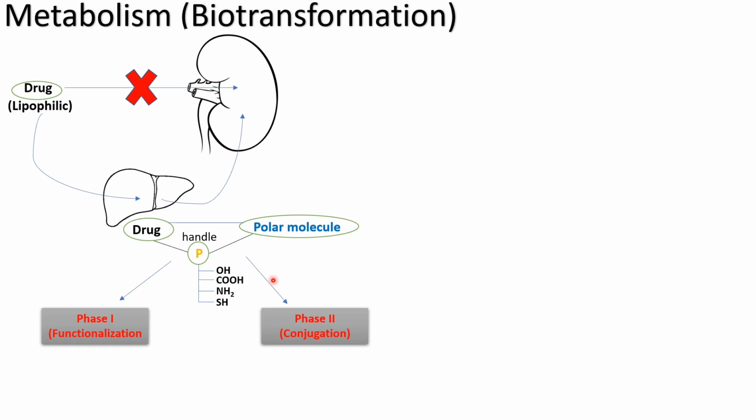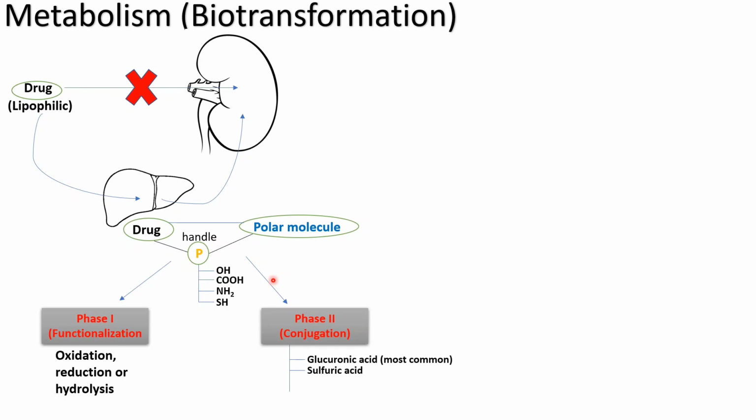Okay, phase one reactions include oxidation, reduction, or hydrolysis. But what are the molecules that our drug is conjugated to in phase number two? Number one is glucuronic acid, and this is the major and most common one.